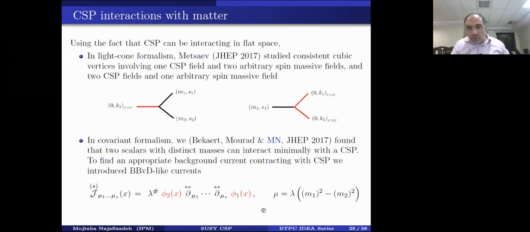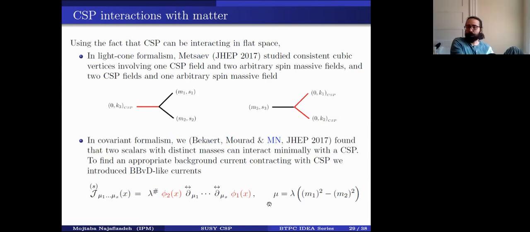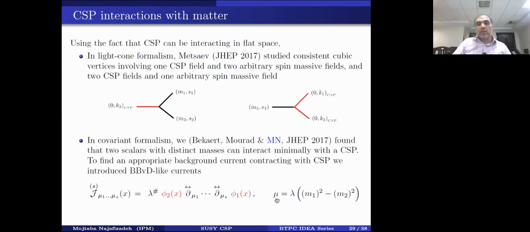If I understand your question, you mean if I choose equal mass to get a 0 mu? Sure. Yes. In that case, you will get a higher spin result. Indeed, before this paper, Xavier Bekaert and Jihad Mourad discussed such a case for higher spins with equal mass.